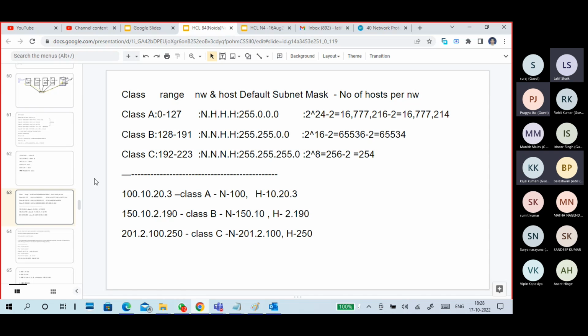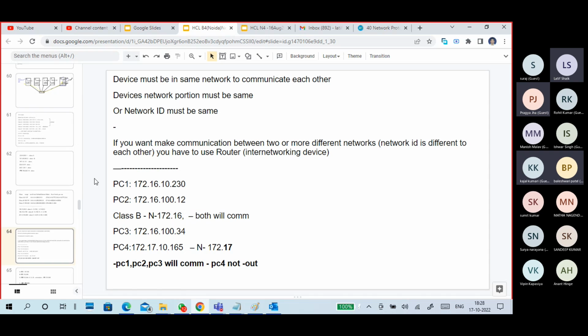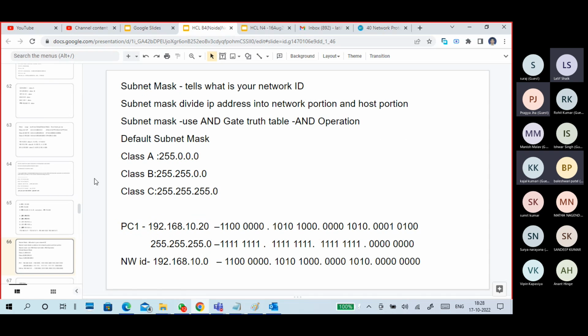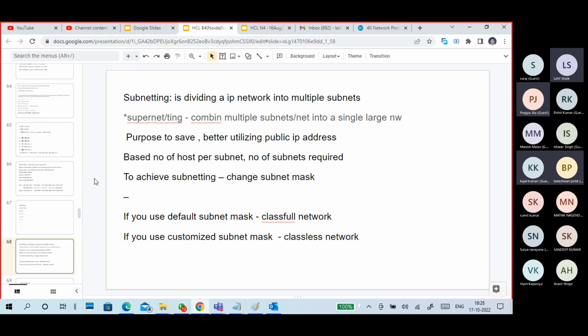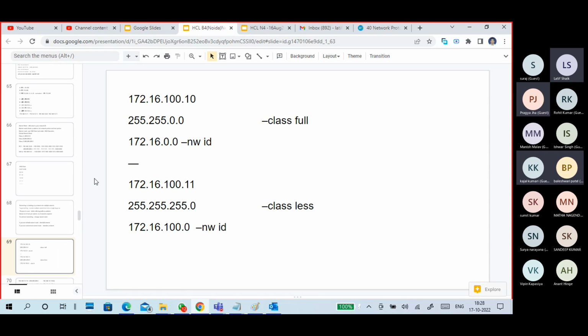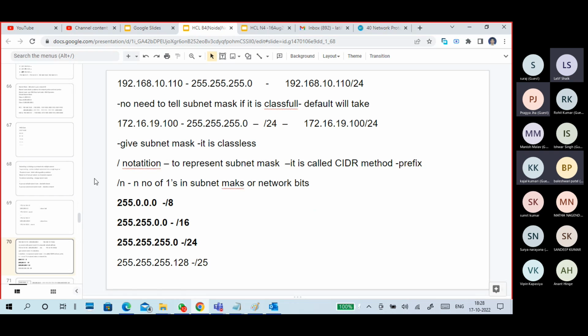These are the default subnet masks. In order to change network sizes and network IDs, we can also change the subnet mask. If you change the subnet mask, a different network ID is also possible. Either way, for two computers to communicate with each other, they must have the same network ID. Same network ID, that's enough.